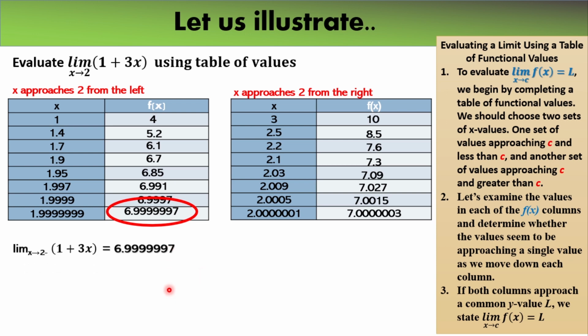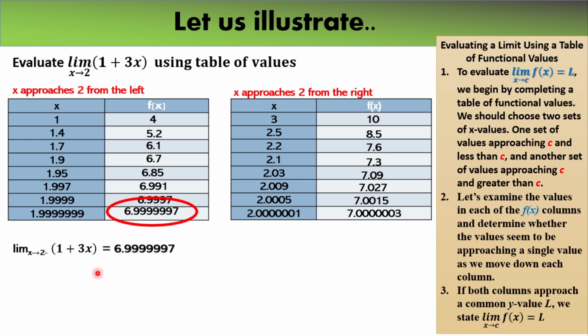So we can now say that the limit of 1 plus 3x as x approaches 2 from the left is 6.9999997 or approximately 7. So class, take note that kapag negative yung sign after ng 2 dito sa constant natin, ibig sabihin yung mga values ng x natin is approaching from the left of 2.